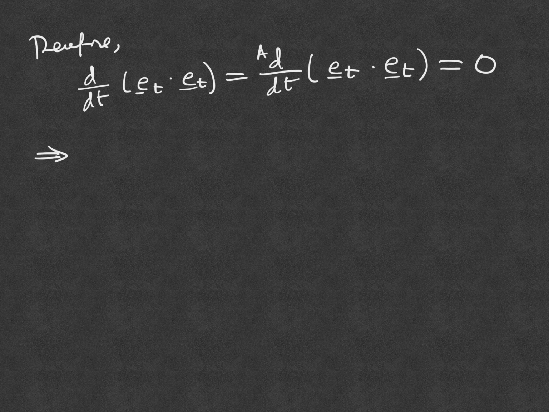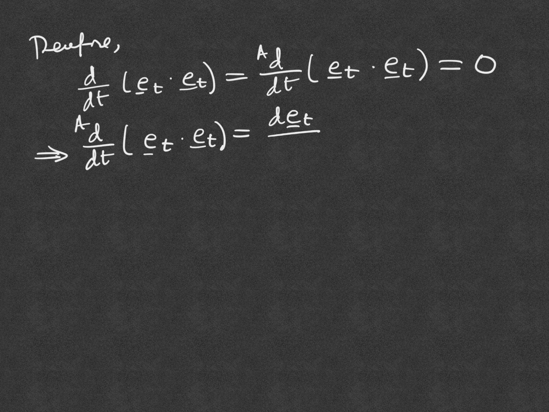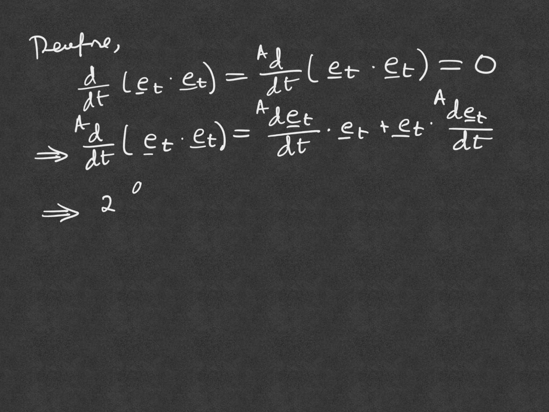So what we wind up with is d dt in A of ET dotted with ET is equal to, using the product rule for differentiation, det dt in A dotted with ET plus ET dotted with det dt in A. Now, because the dot product is commutative, so we know that A dotted with B is equal to B dotted with A, we can now write that this last quantity is the same thing as saying 2 times det dt in A dotted with ET is equal to 0.